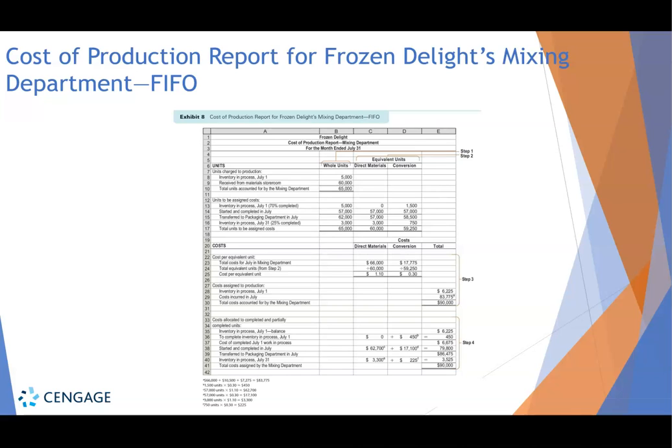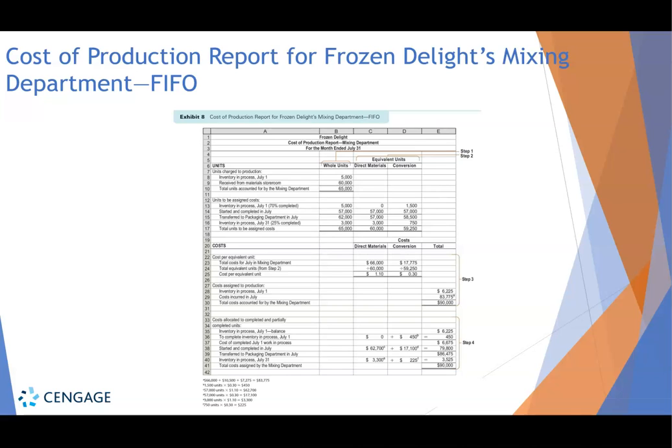If we use these steps 1, 2, 3, and 4, the July cost of production report for Frozen Delights mixing department is shown here on this slide.